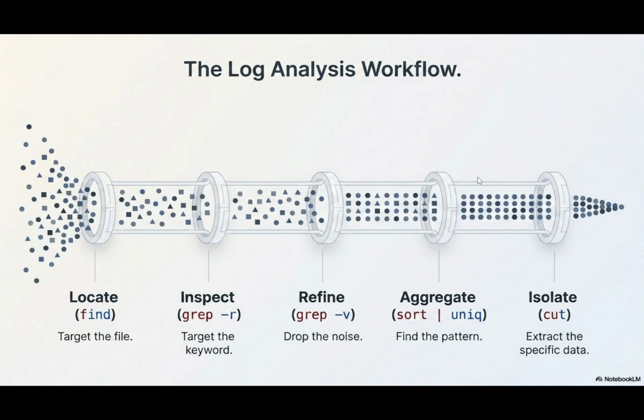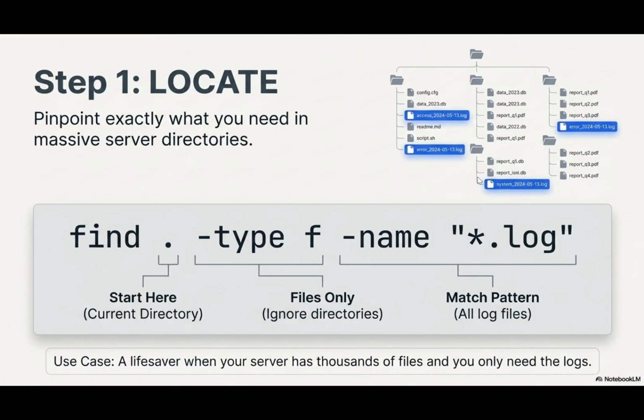So grep is useful here for choosing the keyword that can help you find the right thing you are looking for. And apart from that, if you want to drop all the noise from the log, then grep -v is useful there. And there's the aggregate using the sort pipe uniq command, and there's the cut. We will look into these one by one so that you will have better clarity.